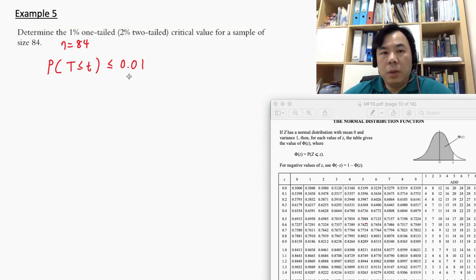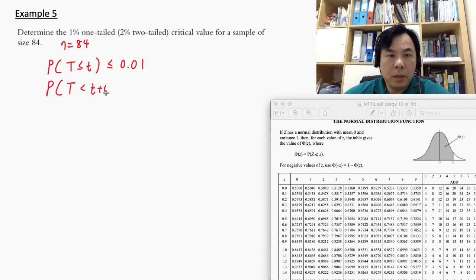Now, is the formula always standard? Yes, in this case, it's always less than 0.01. So we are supposed to determine the value for t here. Now, don't forget, because we are converting the discrete into the continuous, there must be continuity correction. Therefore, usually we will write it down as t less than t plus 0.5. Okay, so I hope that's clear.